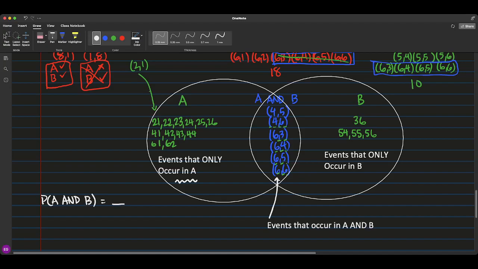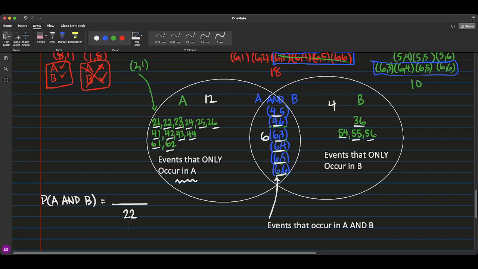So how many total events are there? We discussed that there are 18 events in A. 1, 2, 3, 4, 5, 6, 7, 8, 9, 10, 11, 12. 12 of which only occur in A. And then there's 1, 2, 3, 4, 5, 6 of them that occur in A and B. And there are 1, 2, 3, 4 events that only occur in B. So in total, how many events are there? 12 plus 6 plus 4, that's 22.